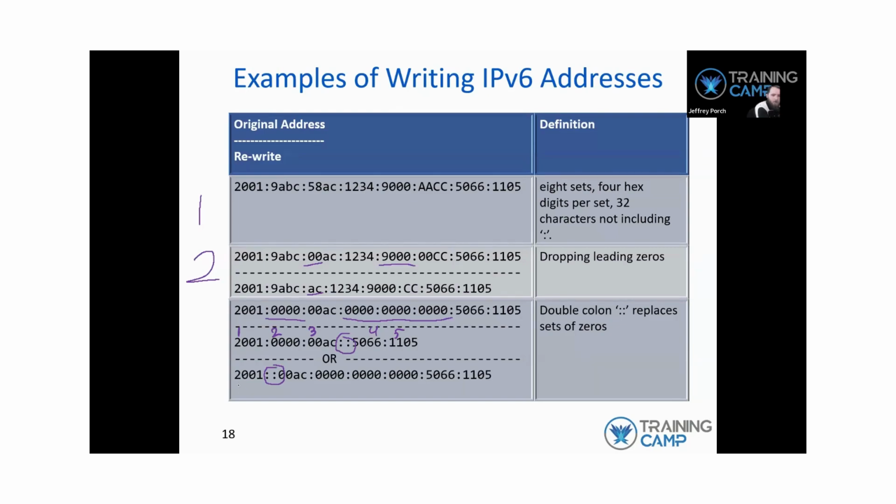Or the bottom example, where I should see 7 sets of numbers, not exactly saving us a lot of space. So that means I'm missing 1 in that colon. If I had an entirely different example, A colon B, that means I've got 2 sets of numbers, A and B, and that means I'm missing 6 sets of zeros in between.